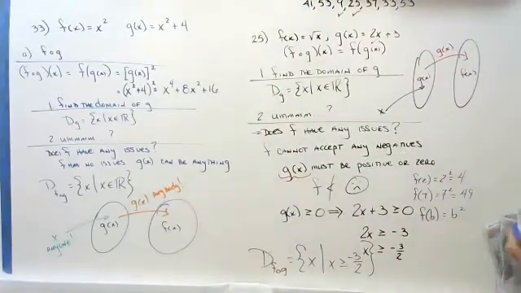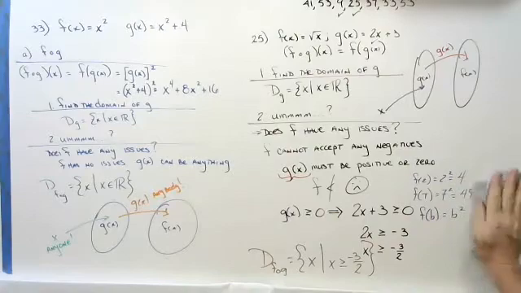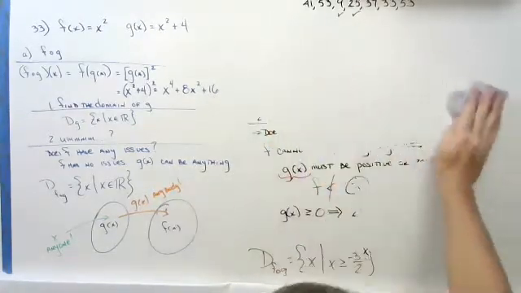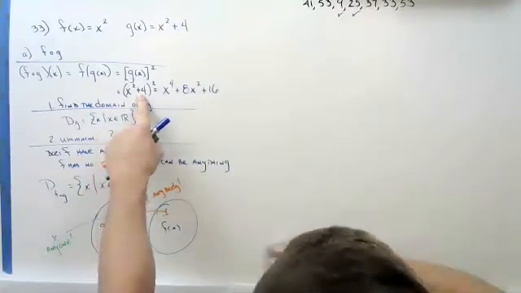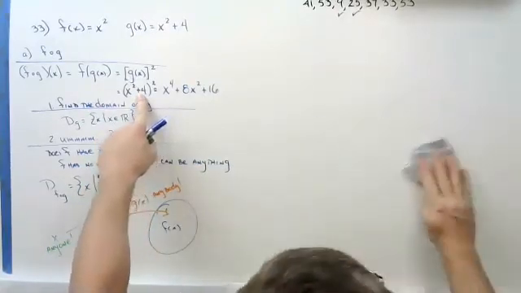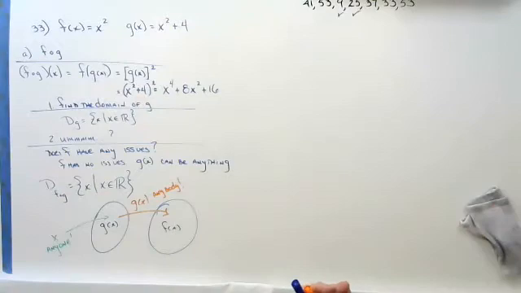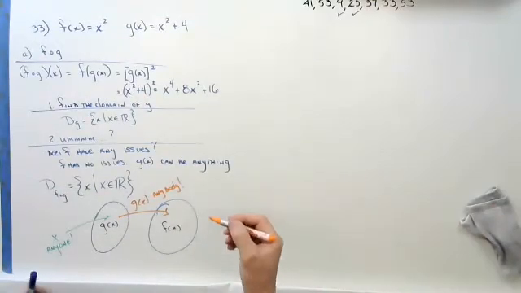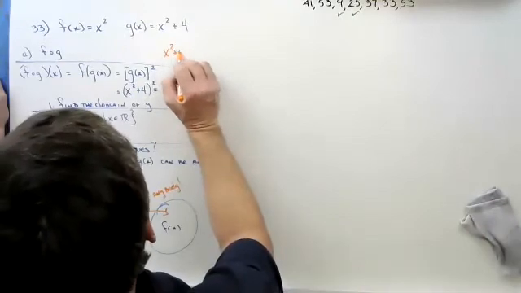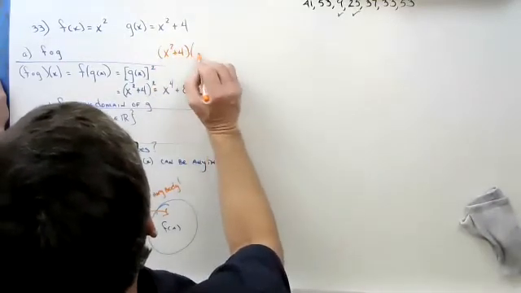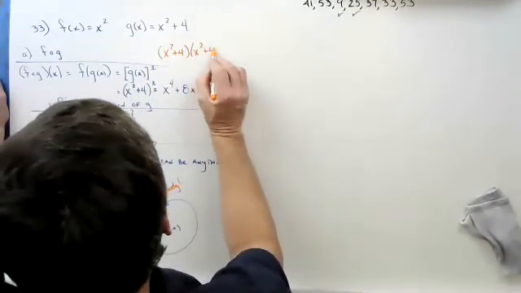Mr. Rainier? Yeah. How did you get 8x squared? I foiled that. When we square it, we FOIL it. Can you write it out? Yeah, I'm going to in the corner right here. This is what it means when we square it.